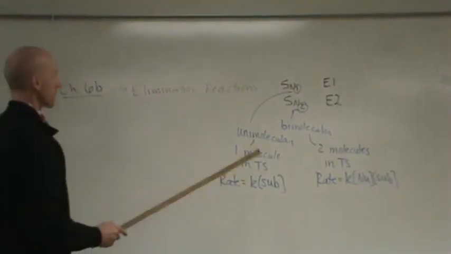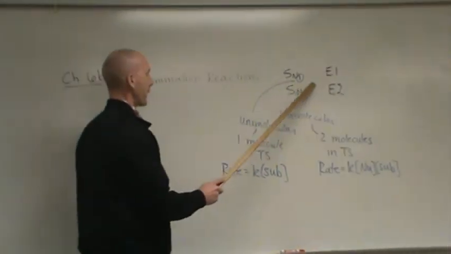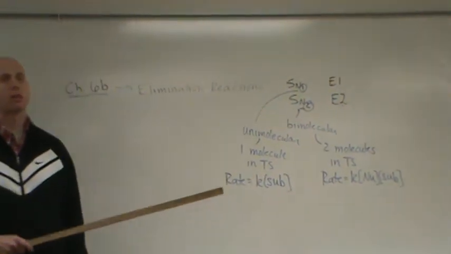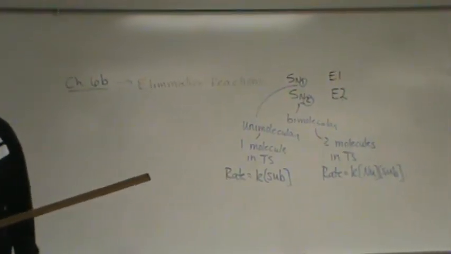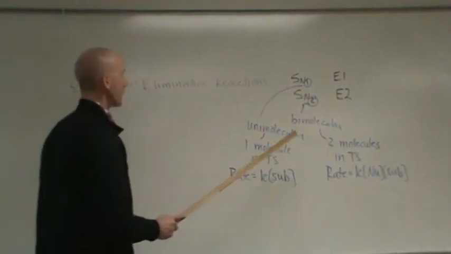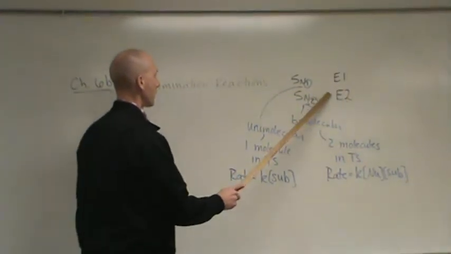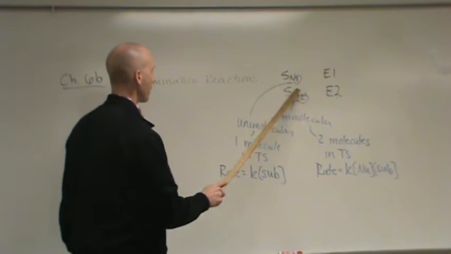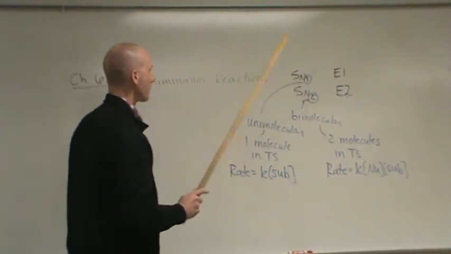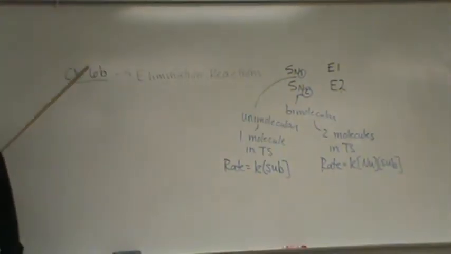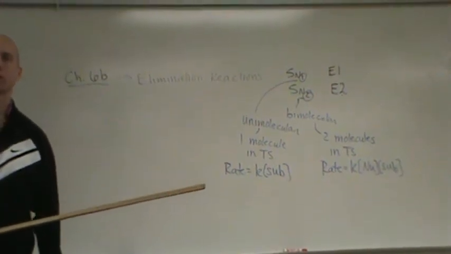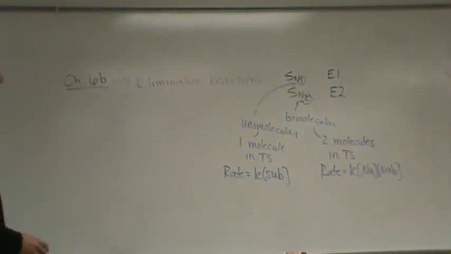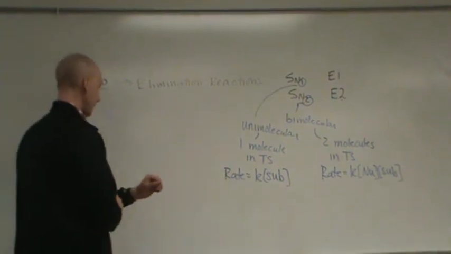Well, these numbers match the same thing over here with E1 and E2 reactions. So the E1 is unimolecular and E2 is bimolecular. So they're going to follow pretty close to the SN1 and SN2. So let's open it up a little bit and see how they do that.